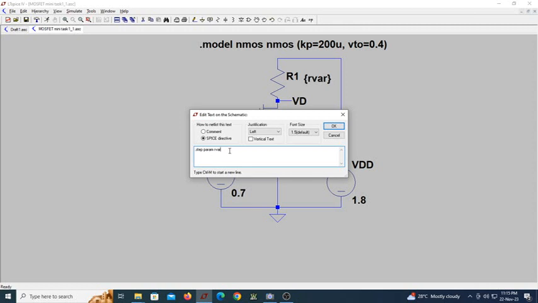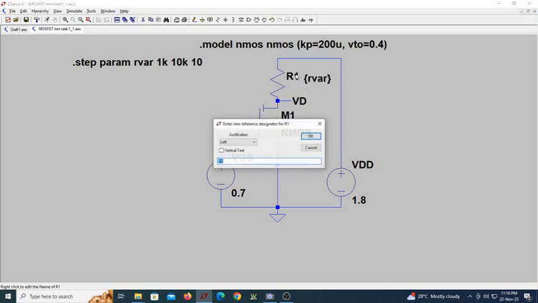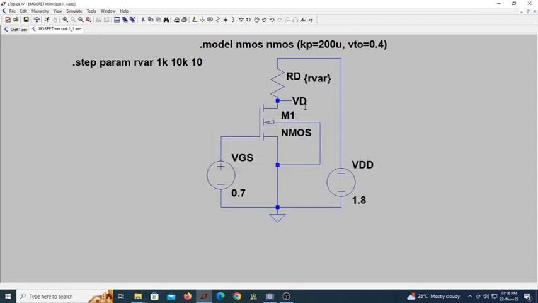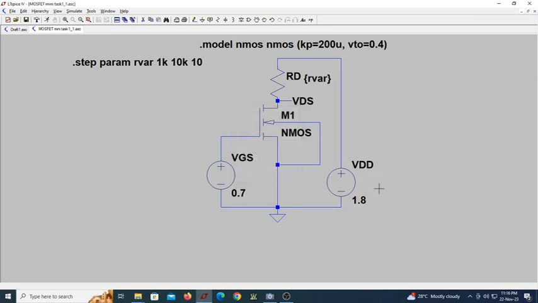Specify the value, maybe from 1K to 10K in steps of 10 ohms. Let it vary slowly so that we can get a proper value. You are varying this RVAR, which is this RD. You can also name it as RD for one-to-one identification. This you can also name as VDS. This is VGS and that is VDD.